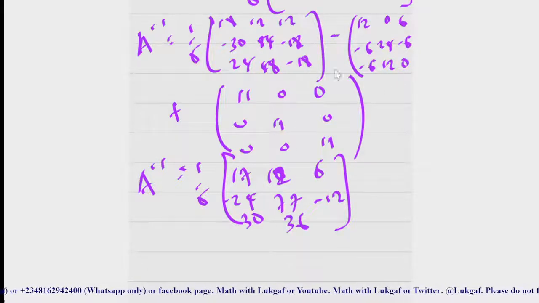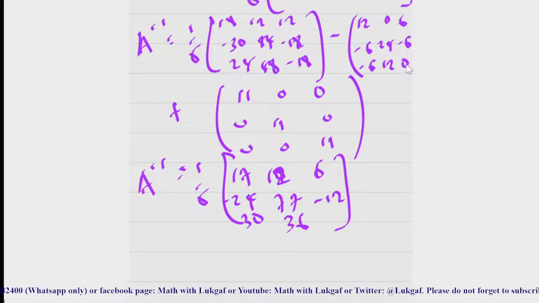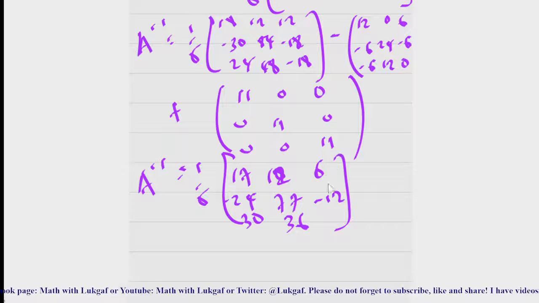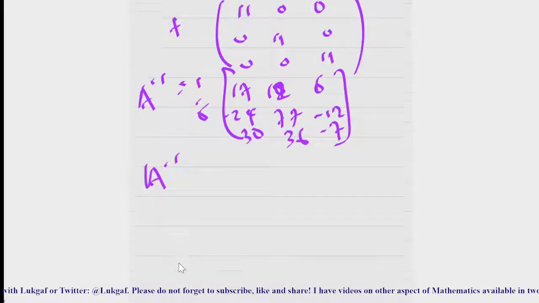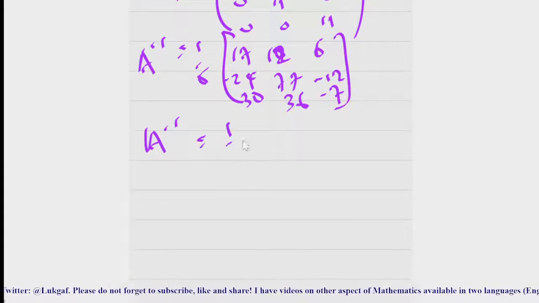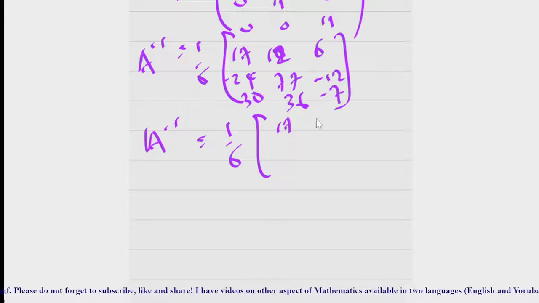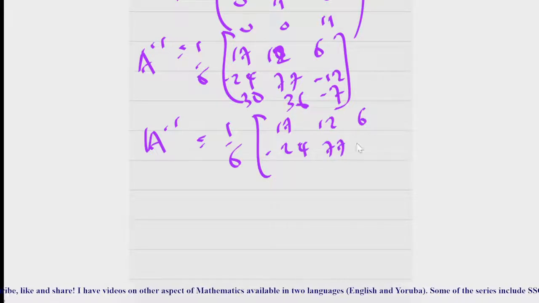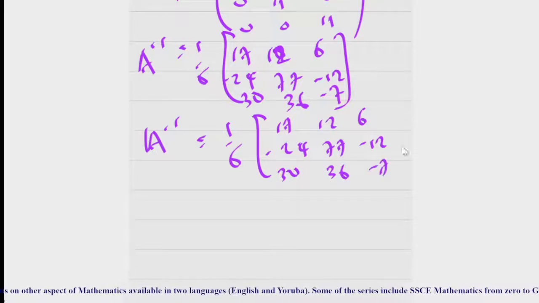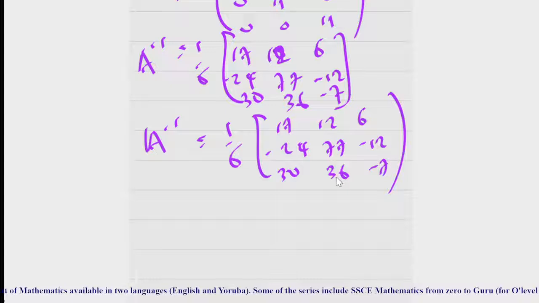And lastly, minus 18 minus 0, so that is minus 18, minus 18 plus 11, so that's going to give me minus 7. So then your A inverse, you can check it out if you've not made a mistake. It's going to be 1 over 6, 17, 12, 6, minus 24, 77, minus 12, 30, 36, minus 7. I hope you understand now.